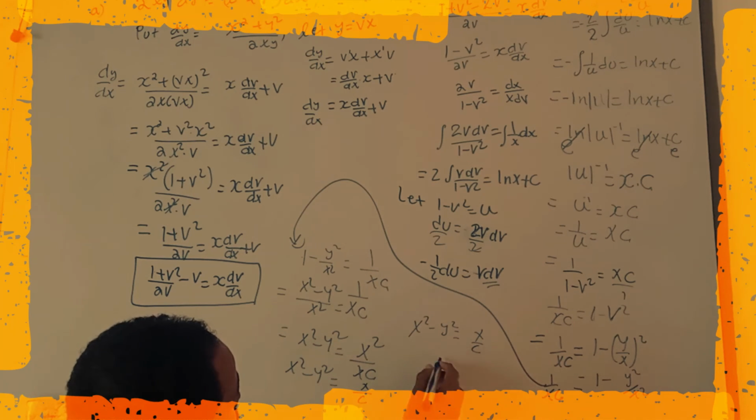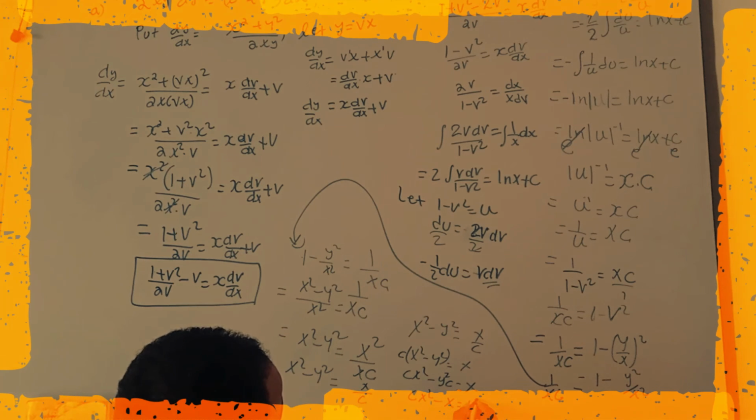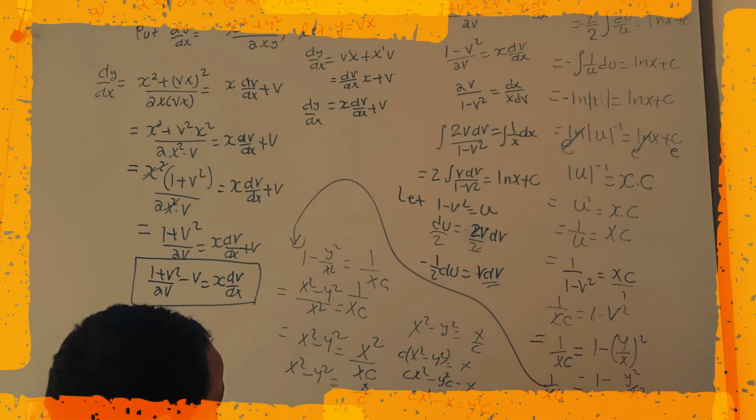Now multiply that, crisscross: x squared minus y squared equals x times c. Cx squared minus cy squared equals x. So take these two: Cx squared minus x is equal to y squared c.